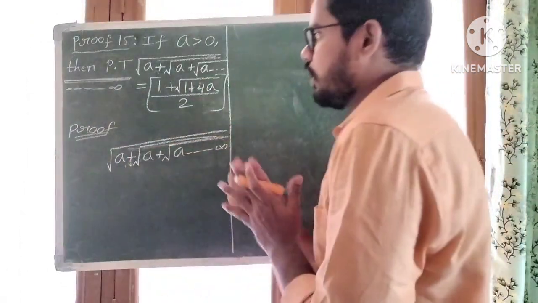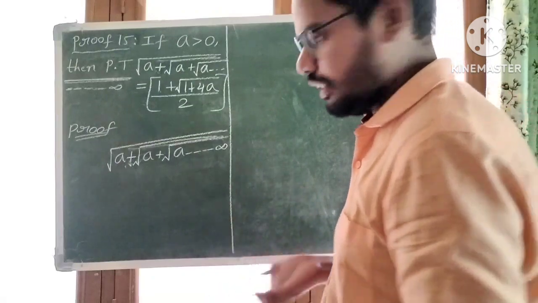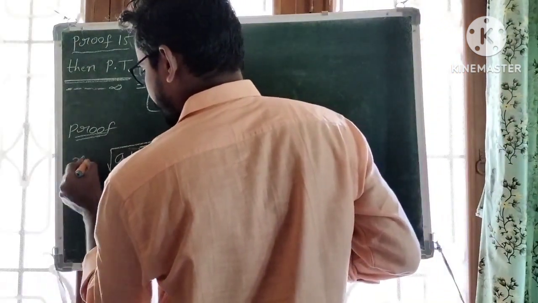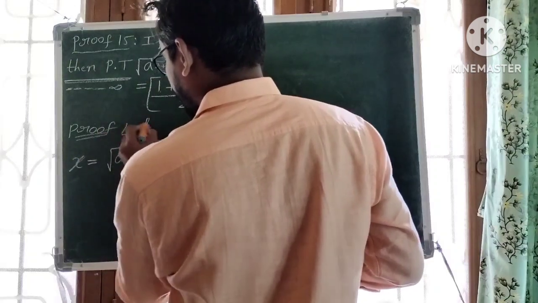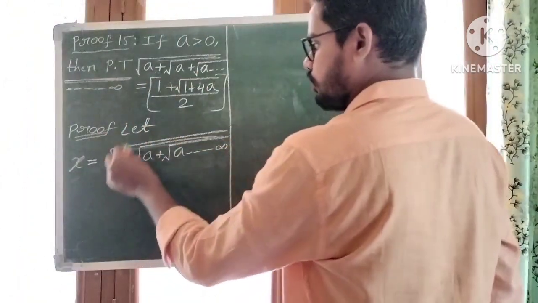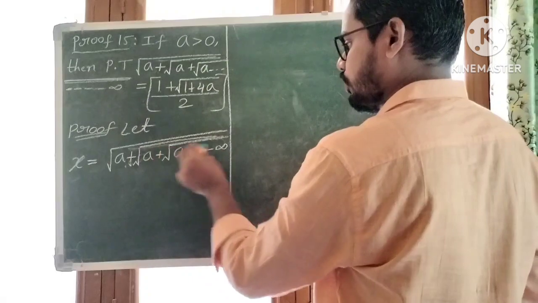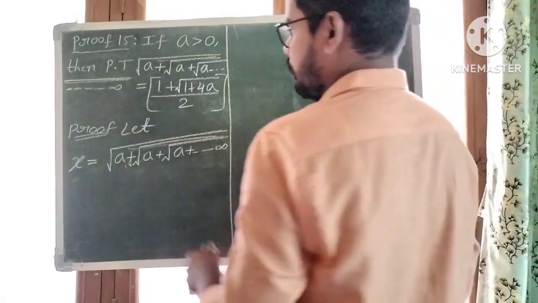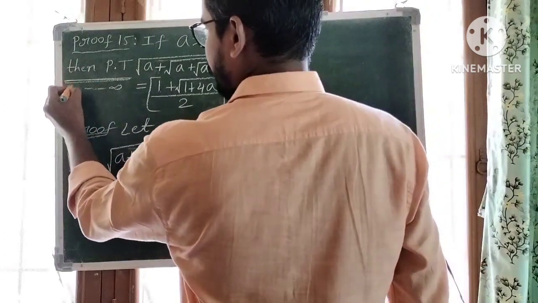So to start this proof, let us consider this is equal to some x. Let x is equal to square root of a plus square root of a plus square root of a and so on, infinity times.